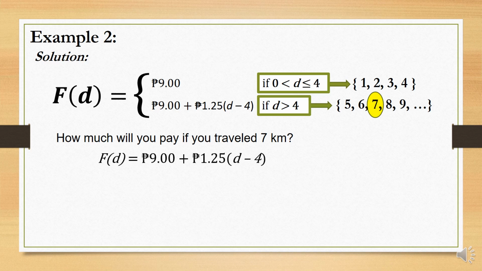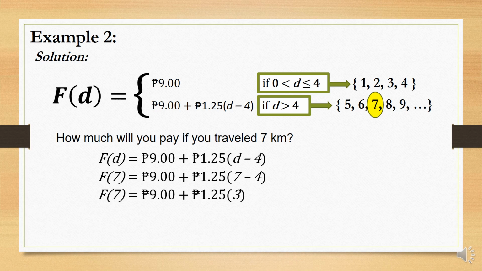So we will use f of d is equal to 9 pesos plus 1.25 pesos times d minus 4. Then substitute the value of d, which is 7. So we have f of 7 is equal to 9 pesos plus 1.25 pesos times 7 minus 4.